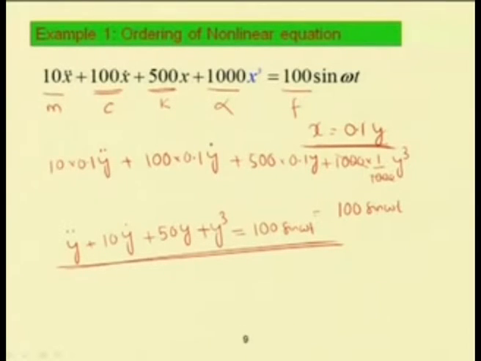Similarly, by taking a suitable value instead of 0.1, one can make these coefficients comparable. Generally the damping term is very small, so its coefficient should be smaller than that of the stiffness term. Similarly, the coefficient of the nonlinear stiffness term should be much less than that of the stiffness term.